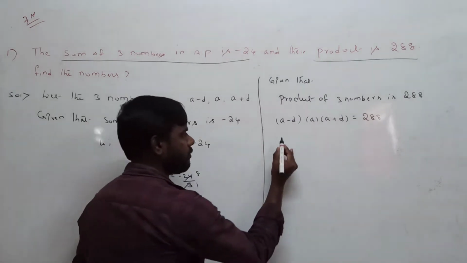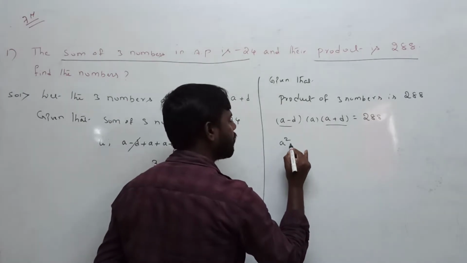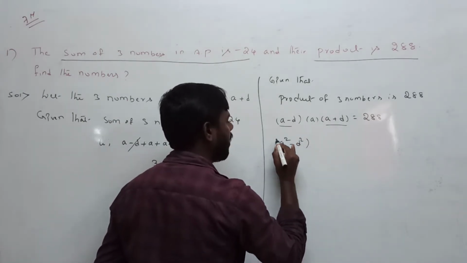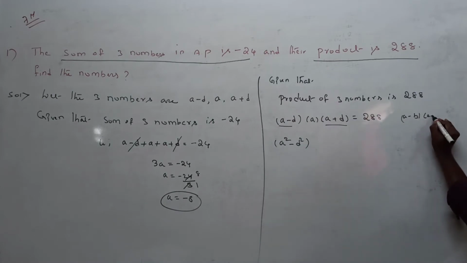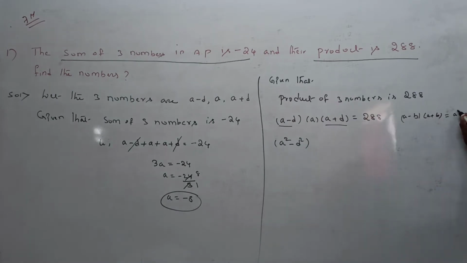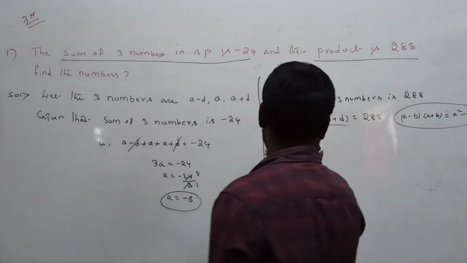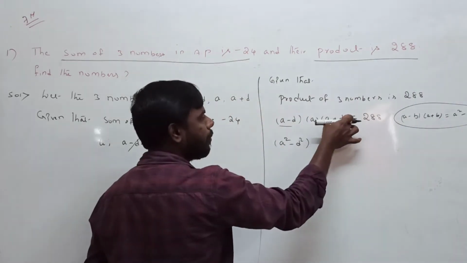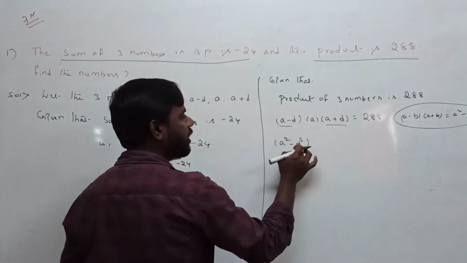Listen here. a minus d into a plus d is a square minus d square. You know the formula: a minus b into a plus b is equal to a square minus b square. Applying it here, a minus d into a plus d can be written as a square minus d square.